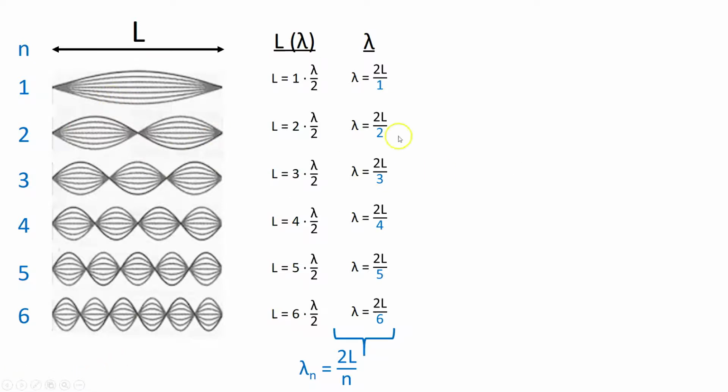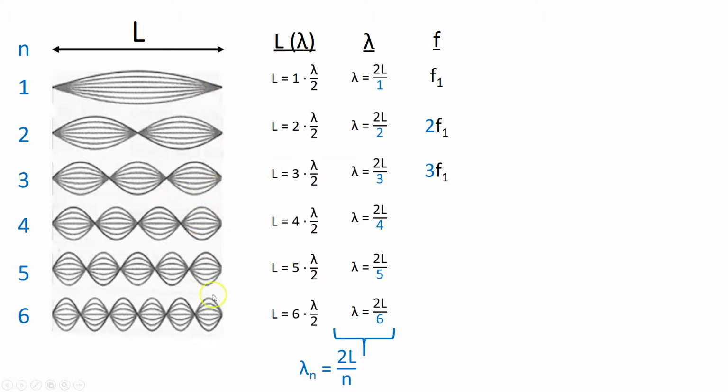Now the specific frequency, we would just call F1. It'd be the frequency required to produce this. And then in order to get to this, we would go to the second frequency, which would be twice F1. And this one has a wavelength that is 1/3 of this one, so this one will be 3 times that, right? And we would see that pattern.